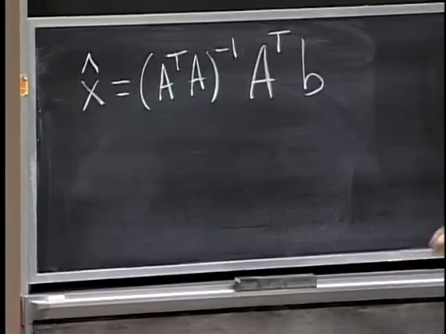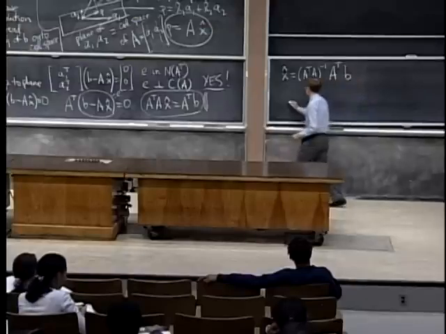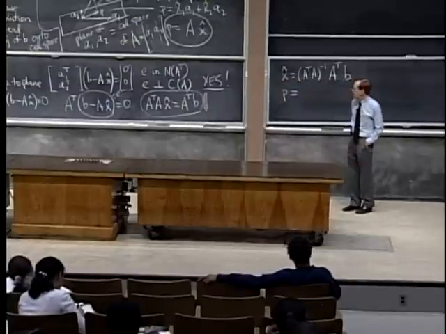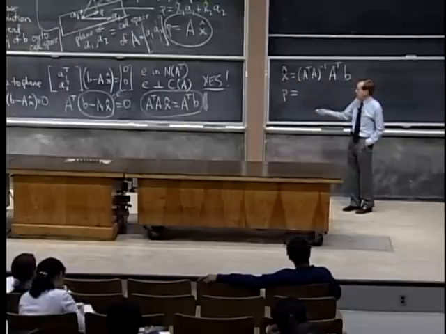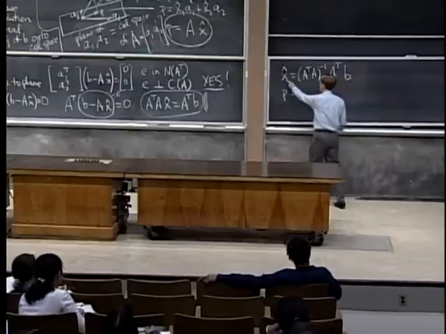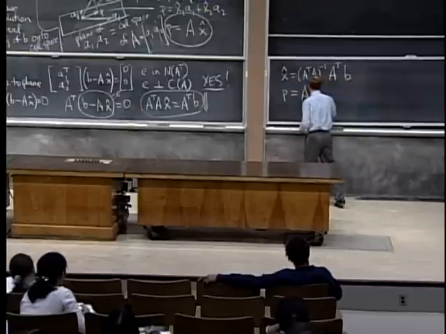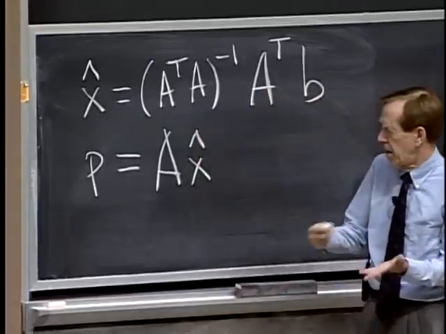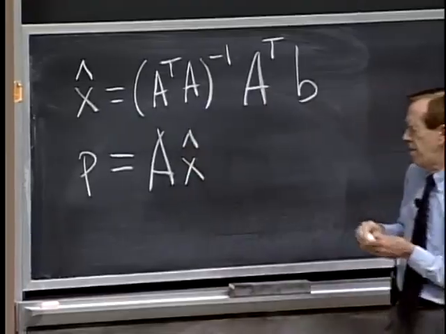What's the projection? That's more interesting. The projection is A x hat. That's how x hat got into the picture in the first place. X hat was the combination of the columns of A that gave me the projection, and I had to look for those numbers, and now I found them.